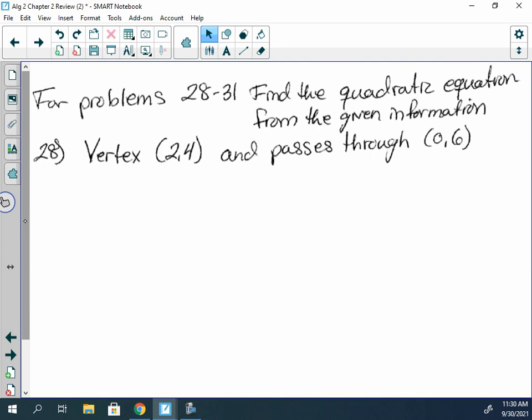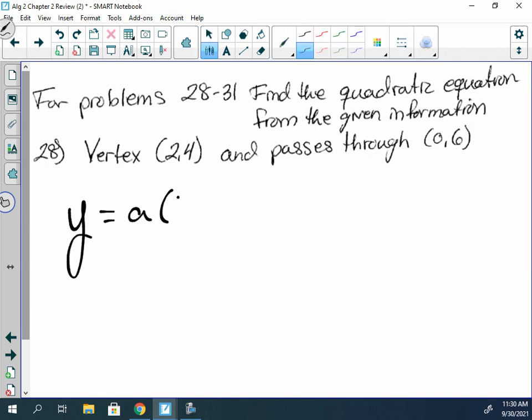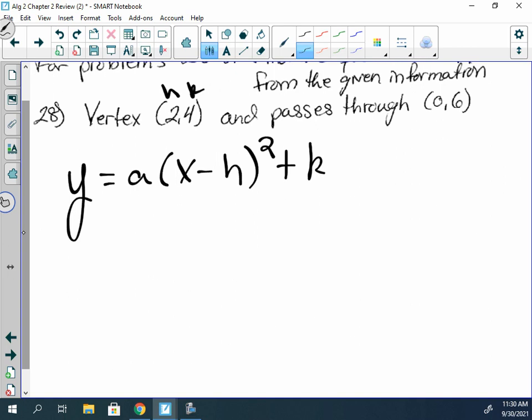Okay. Now 28 gives us a vertex and a point that passes through or is on the equation. So the equation that we're going to be utilizing is y equals a times x minus h squared plus k, because this is the general form of the equation we use for this type of problem. Now the first thing we're going to plug in is the value of h and k.